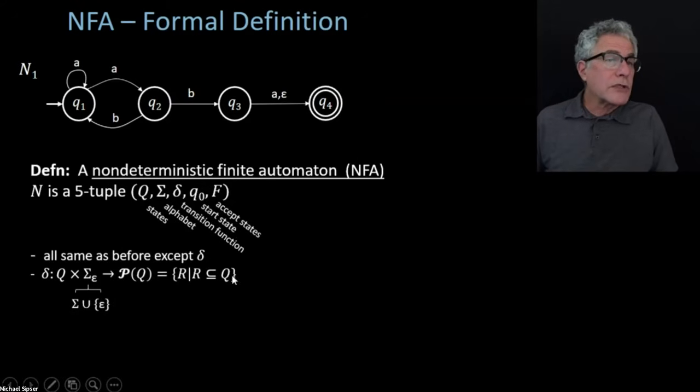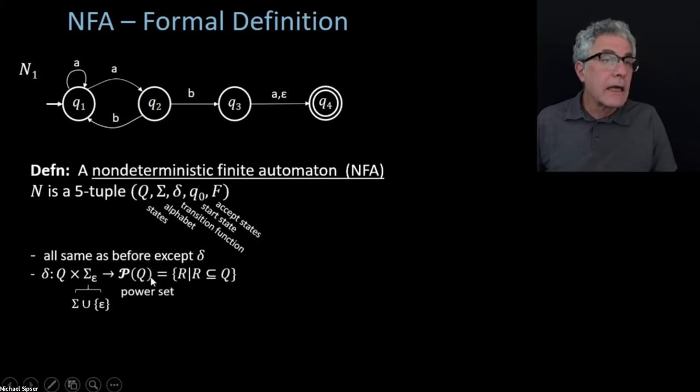Now, what's going on over here? Instead of just producing a single state, when you've read, for example, an A from Q1, there's a whole set of possibilities. So here we have what's called a power set.